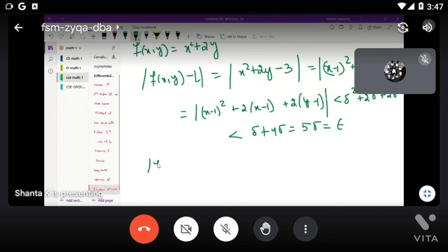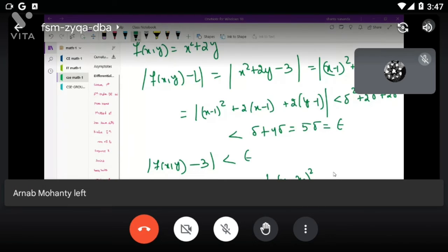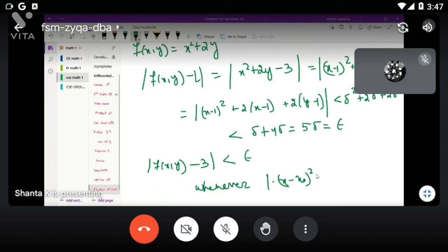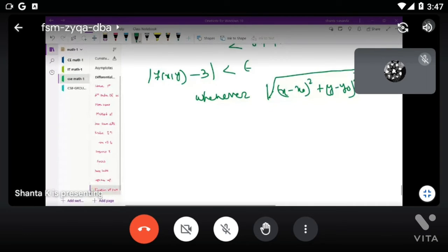So |f(x,y) minus 3| is less than epsilon whenever square root of (x minus x naught) square plus (y minus y naught) square, where x naught, y naught is (1,1), is less than delta. And this delta is epsilon by 5. If you go for epsilon by 6, that will also work. Epsilon by 7 also works. This is how you can try.